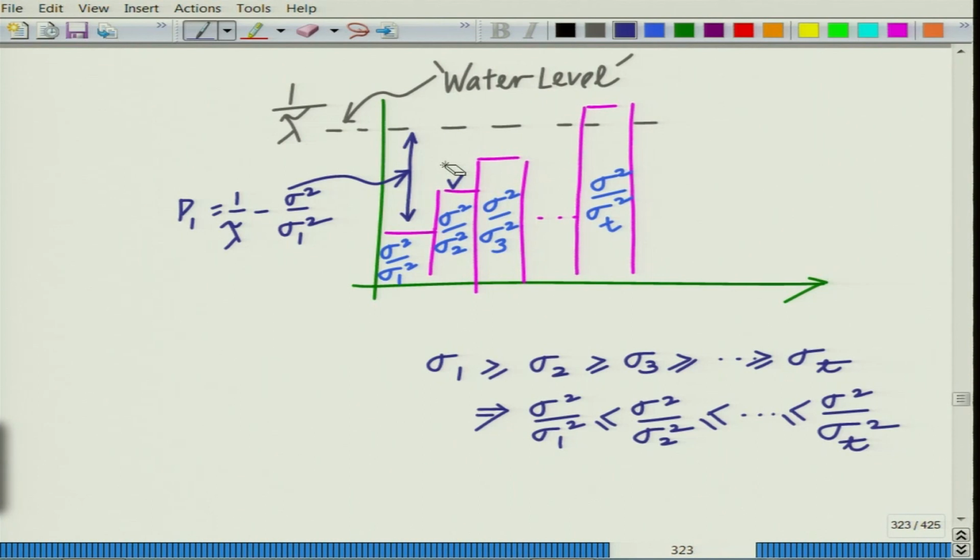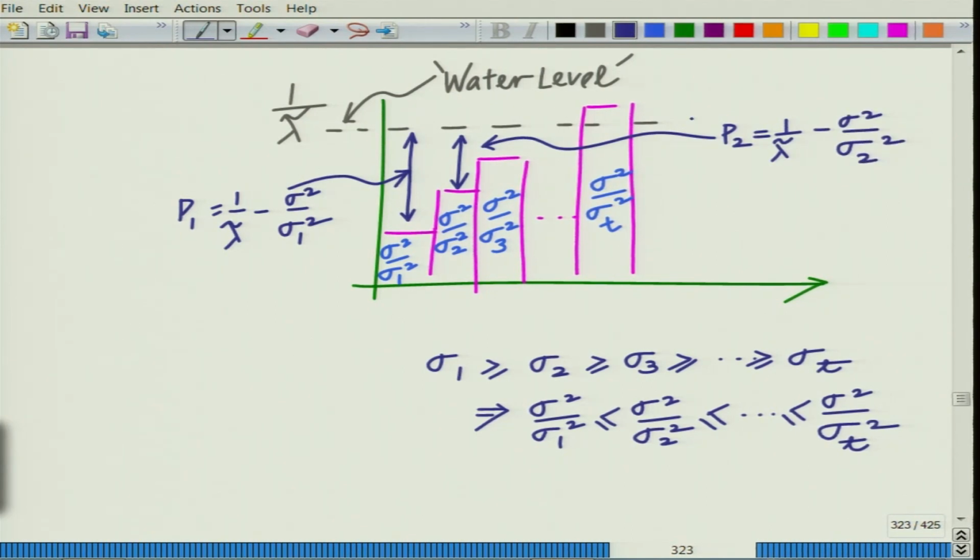This is equal to P2, equal to 1 over lambda tilde minus sigma square by sigma 2 square.